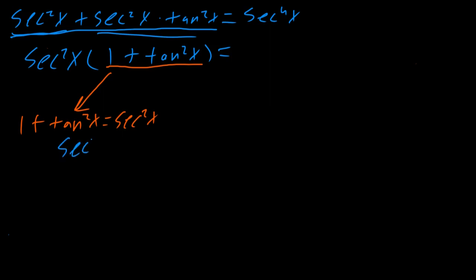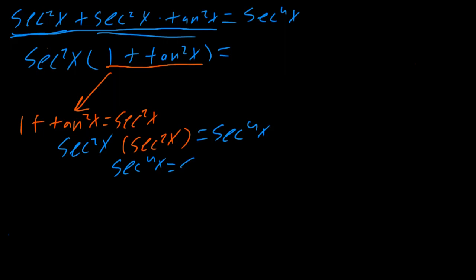So we have secant squared of x times secant squared of x is equal to secant to the fourth x. Secant squared of x times secant squared of x is equal to secant to the fourth x based on exponent properties. So we have secant to the fourth x, which is the same on the other side, so we've verified the identity.